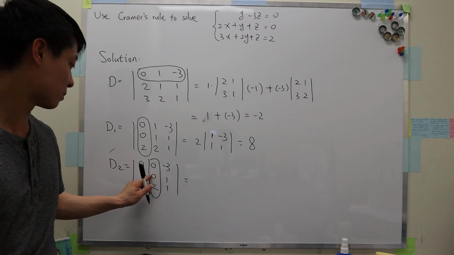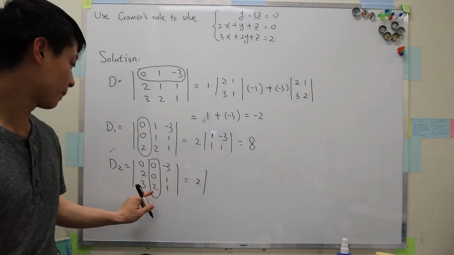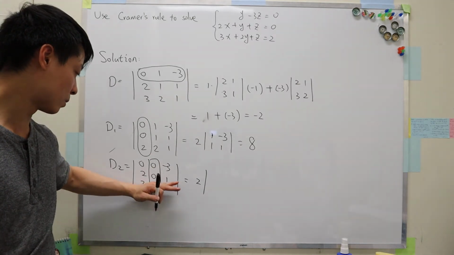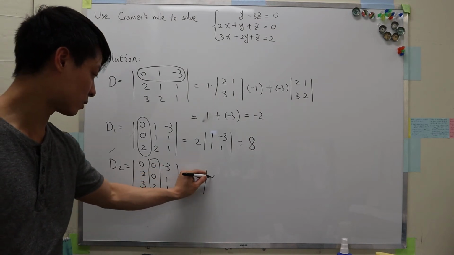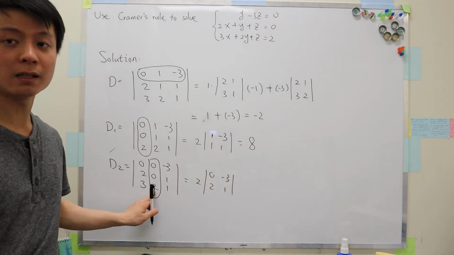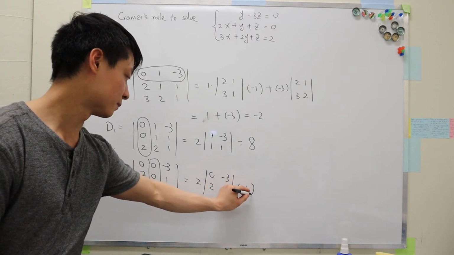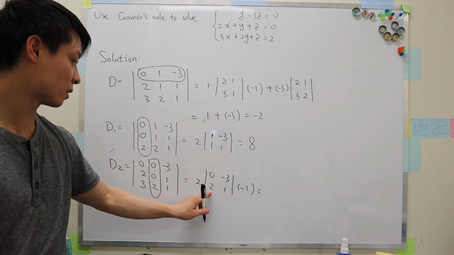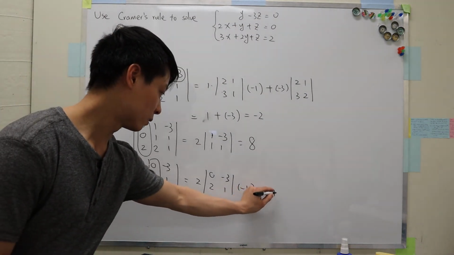So I have 0, 0, which I don't care about, and then this 2, times the deleted submatrix of this position, which is you cross out this row and this column, and you're left with 0, 2, negative 3, 1. And the sign of this position is negative, so you times negative 1 here. We see that we have 0 minus 6, which is minus negative 6, which is 6. 6 times this 2, so it's negative 12.